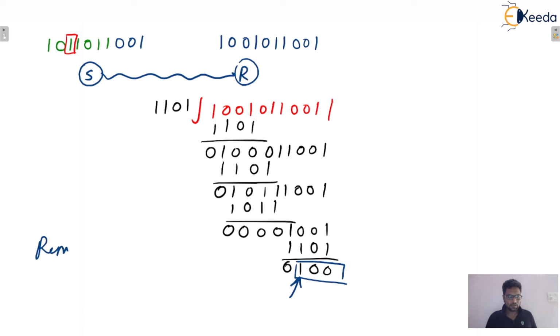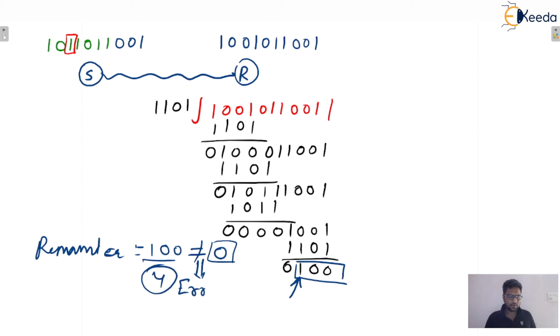So you can see the remainder is 100, which in decimal is 4, not equal to 0. That means an error is there. In this manner the receiver can conclude that there is an error, and the receiver will ask for retransmission of this data.